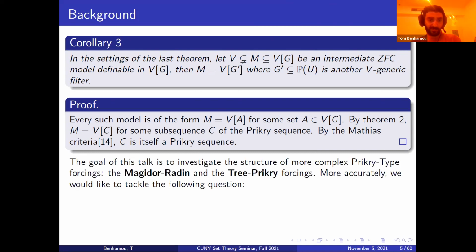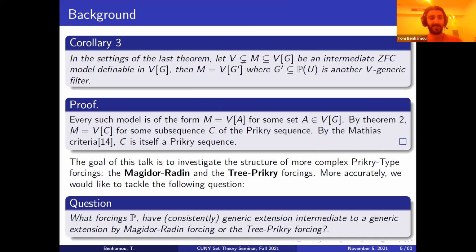Okay, the goal of this talk is to investigate the structure of other Prikry-type forcings. The first one would be the Megiddo-Radin forcing, and the next one is the tree-Prikry forcing. Let us describe the question we would like to address more accurately. The question is: what forcings P have a generic extension which is intermediate to a generic extension by the Megiddo-Radin forcing or by the tree-Prikry forcing?